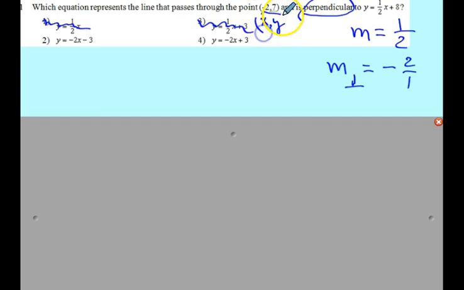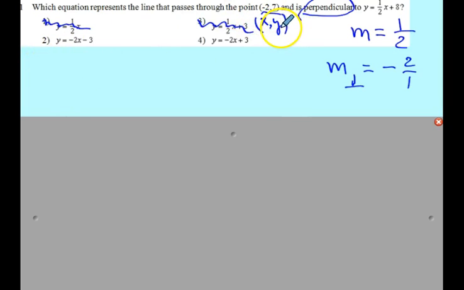If you remember the fact that a point belongs to the line, if x and y values of that point make your equation true, then by substitution you shall find the equation that is perpendicular to the given line and passes through point minus 2, 7.